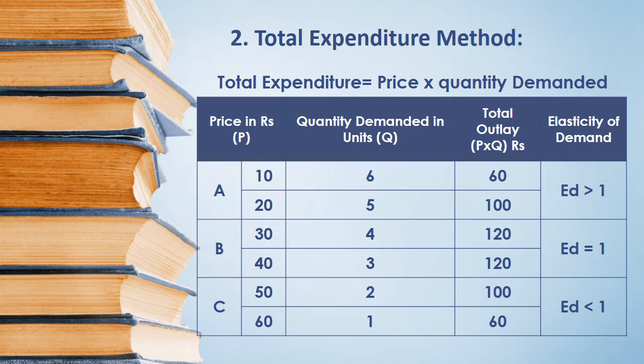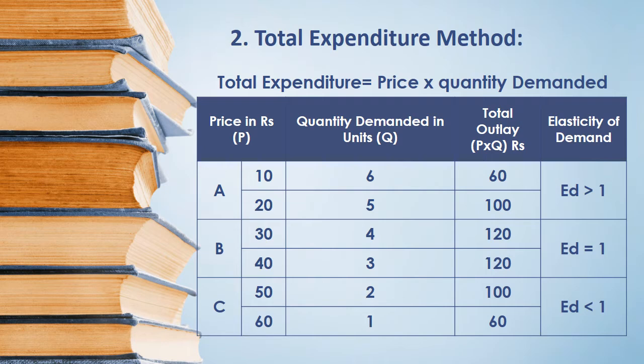That is, if your total expenditure increases because of the change in price, then the demand is elastic. Similarly, when price falls or rises, total outlay does not change or remains constant, then elasticity of demand is equal to 1. That is unitary elastic demand.